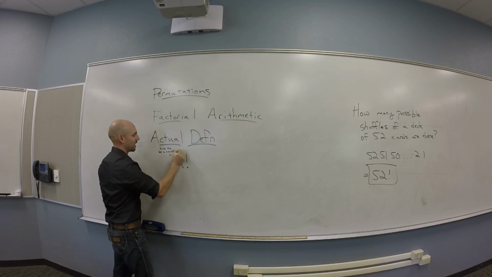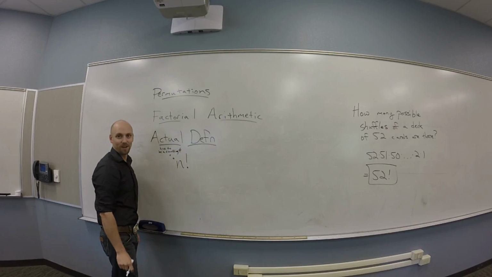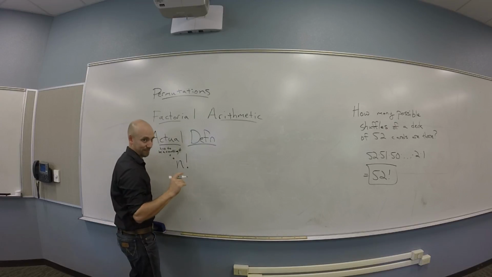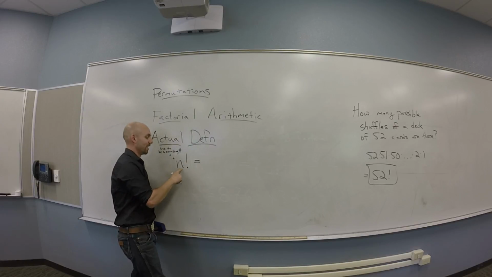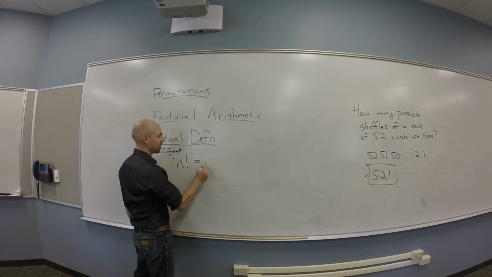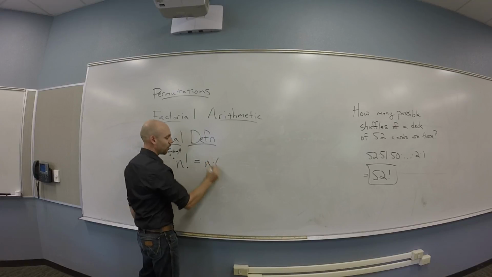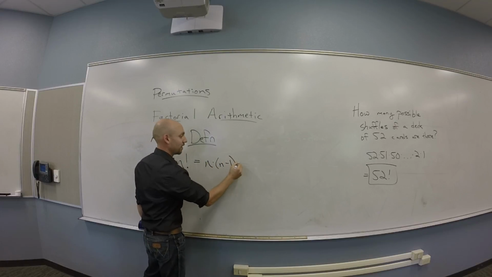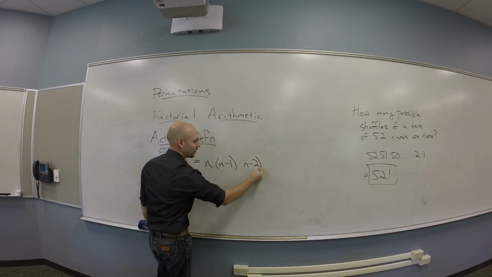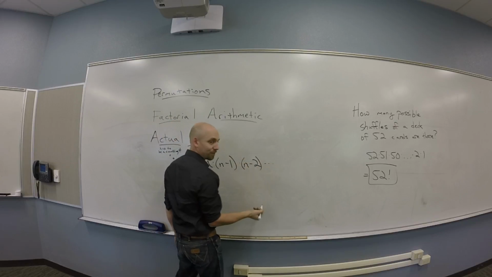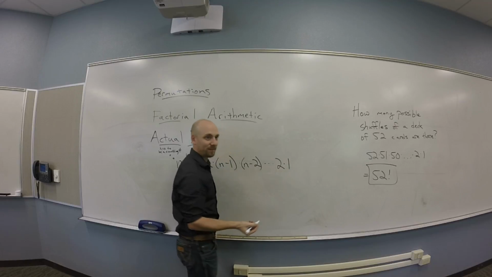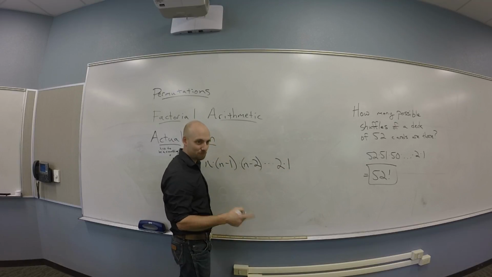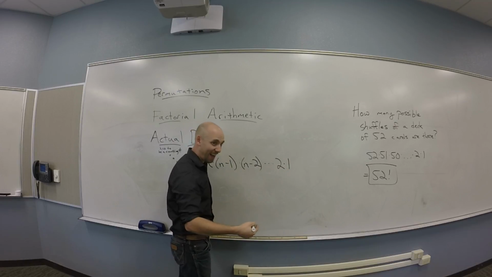Pi is not a counting number, and pi factorial would be really confusing. The reason for that is that what this thing means is start with n, then multiply by n minus 1, then multiply by n minus 2, and keep doing this until you get to 2 and then 1, right? But if you subtract 1 off from pi, right?